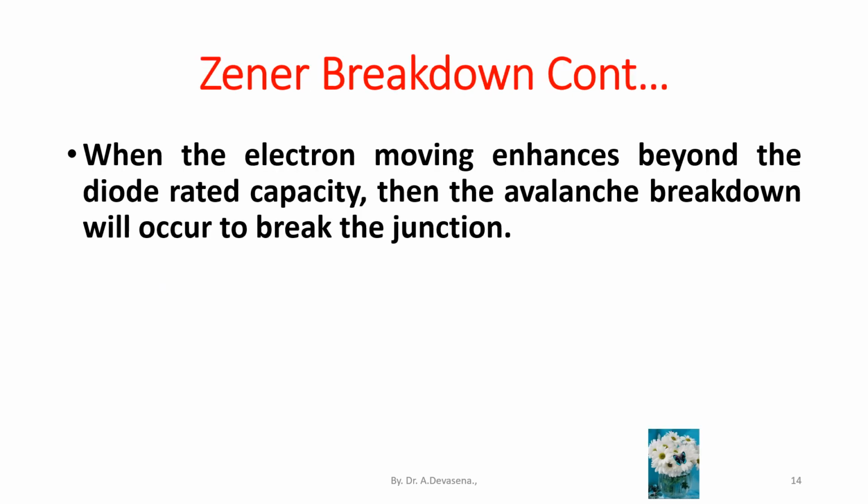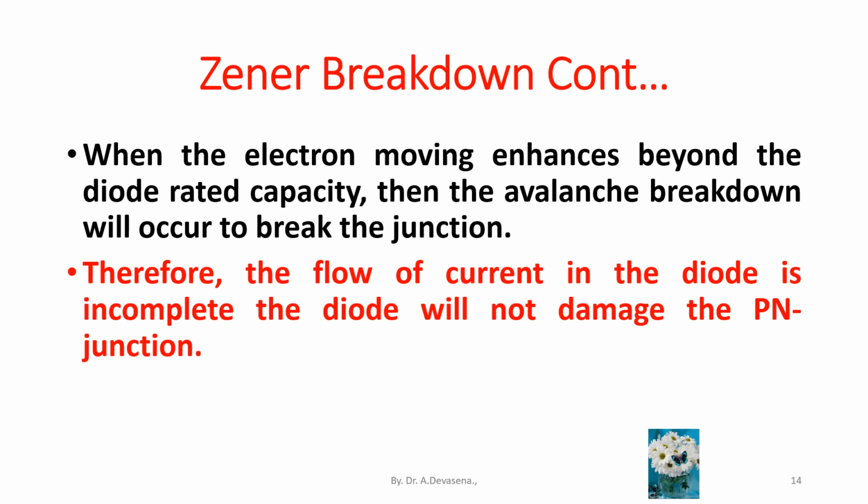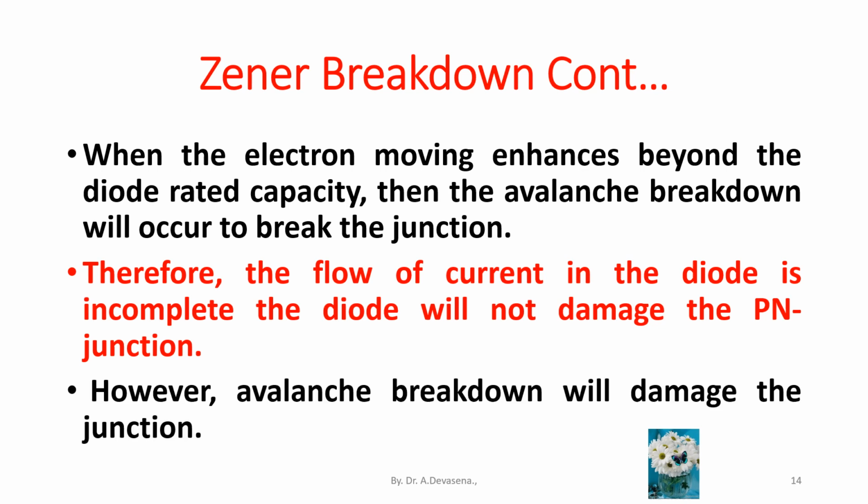When the electron movement increases beyond the diode's rated capacity, then avalanche breakdown will occur and break the junction. Therefore, the flow of current in the diode is limited. The diode will not damage the PN junction. However, avalanche breakdown will damage the junction.